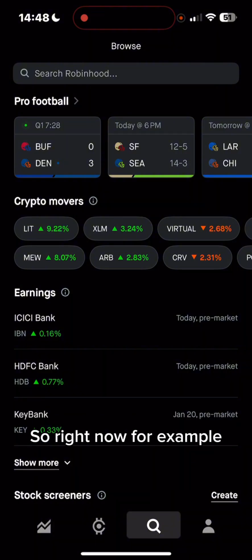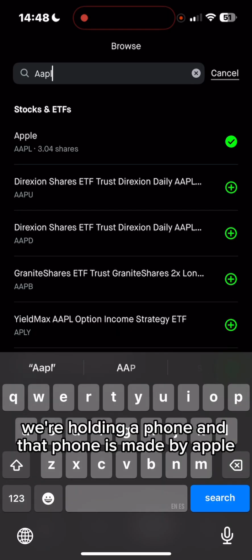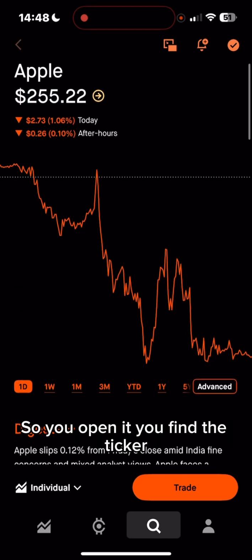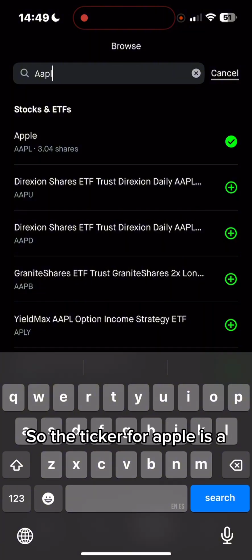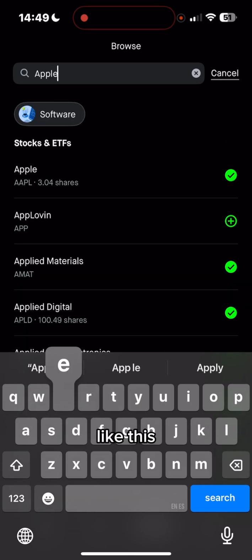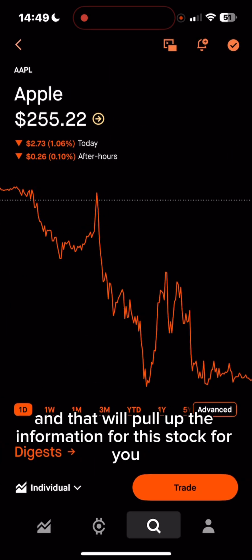Right now, for example, we're holding a phone, and that phone is made by Apple. So you open the app, you find the ticker. The ticker for Apple is AAPL, or you can just type in Apple, like this, and that will pull up the information for the stock for you.